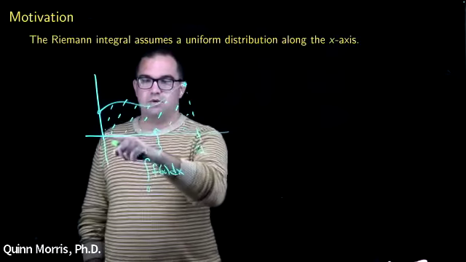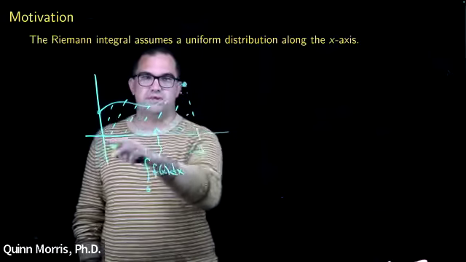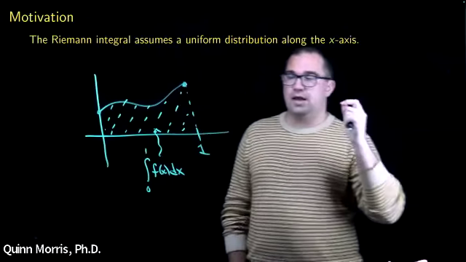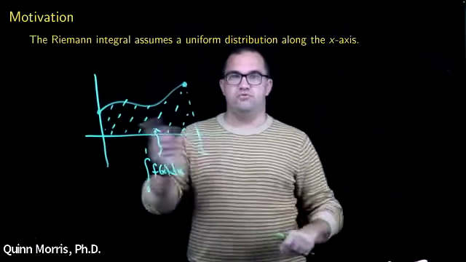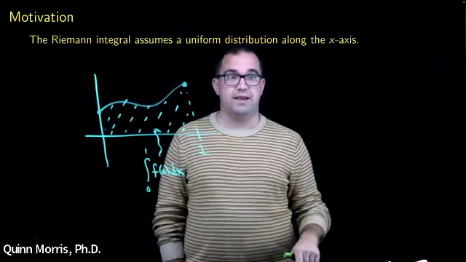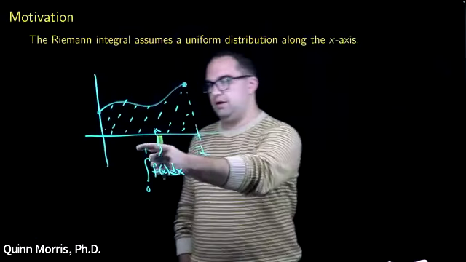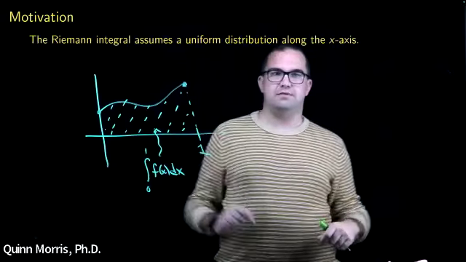Imagine that we were to pull a number between 0 and 1 at random, and we were then to plug that value into the function f and see what we get out. So we might pull out pi over 4. That's sitting somewhere inside here. Pull out pi over 4, plug it into the function, see what I get.